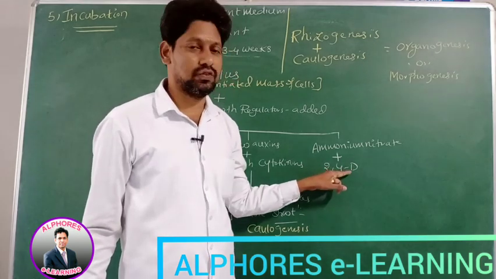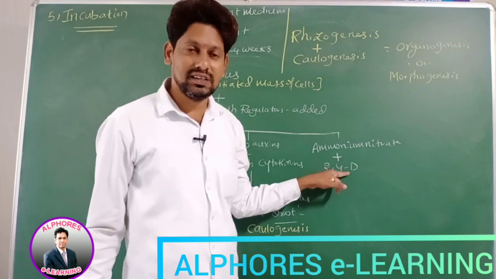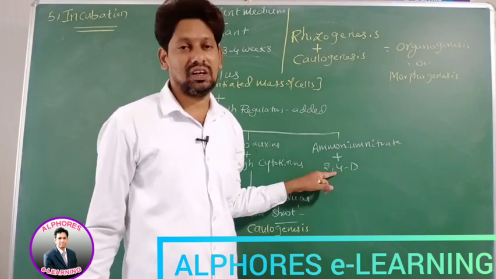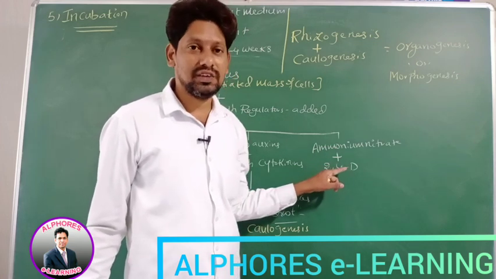Its shortcut is 2,4-D. It is an artificial auxin.